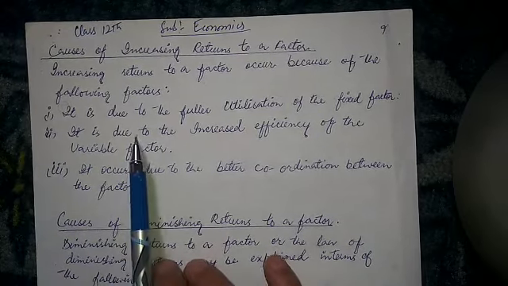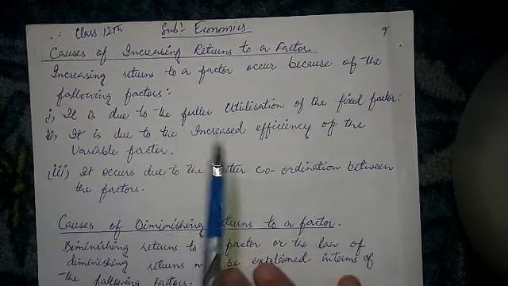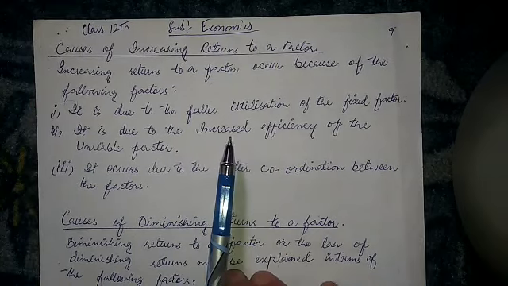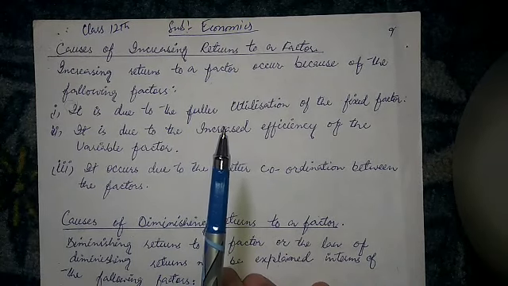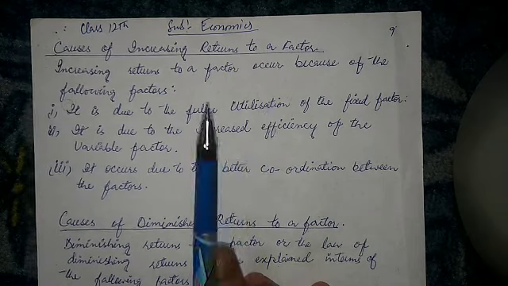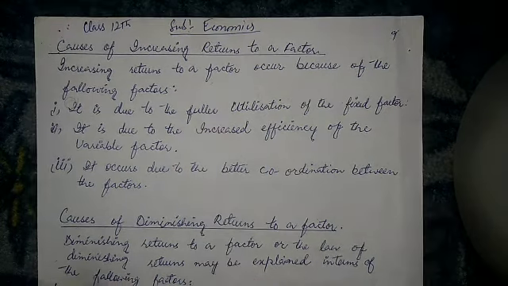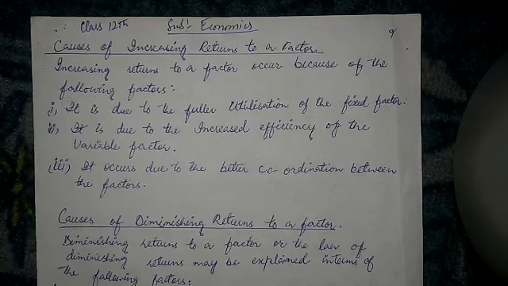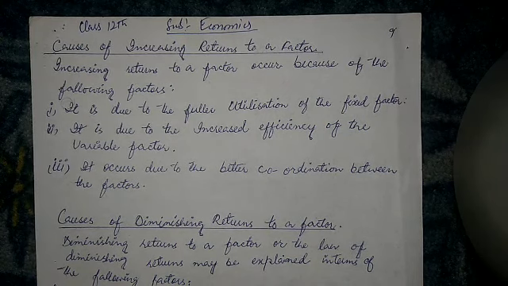Number one, it is due to the fuller utilization of the fixed factor. You see, in the initial stages, the fixed factor, such as a machine, remains underutilized.